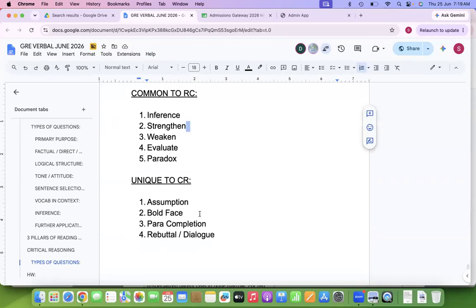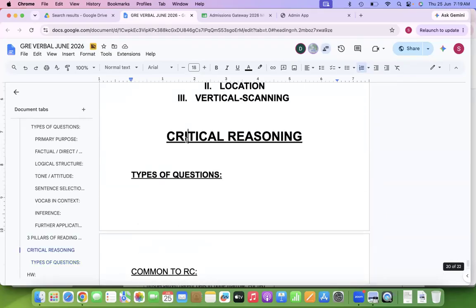So we're going to do all these things for critical reasoning, which may seem like a lot of work for two-word questions. But like I said, CR should be looked upon as an extension of reading comprehension. You shouldn't be doing RC and CR in rigid buckets. So whatever you do for RC will indirectly help you with CR and vice versa.